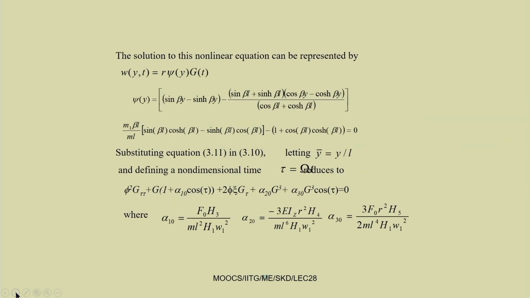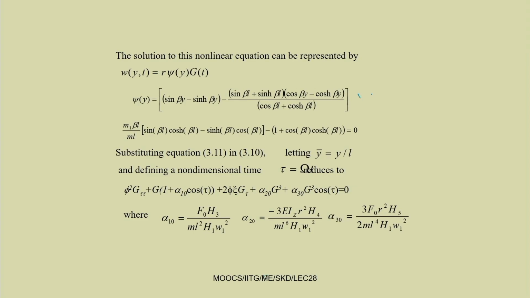So, the solution of the nonlinear equation can be represented by, if we are taking only single mode approximation, w(y,t) equal to r psi(y) into g(t), where r is the scaling factor, psi is the shape function and g(t) is the time modulation. Here for a beam with tip mass you can use these shape functions.